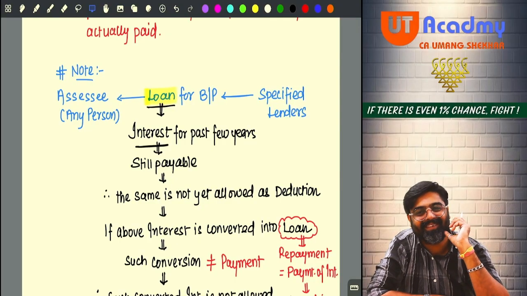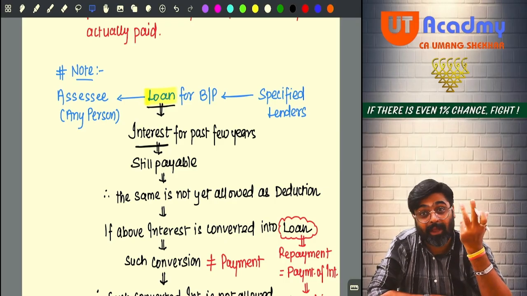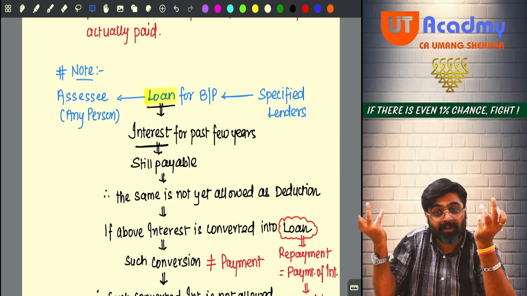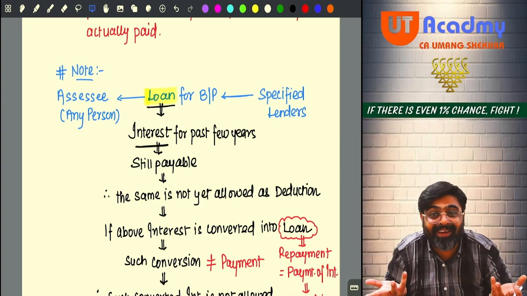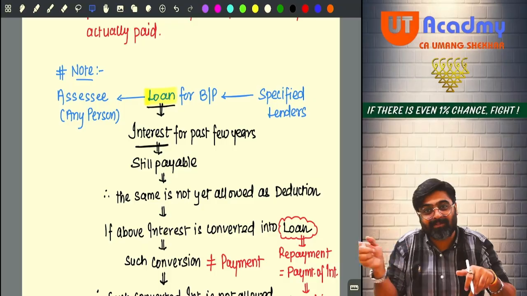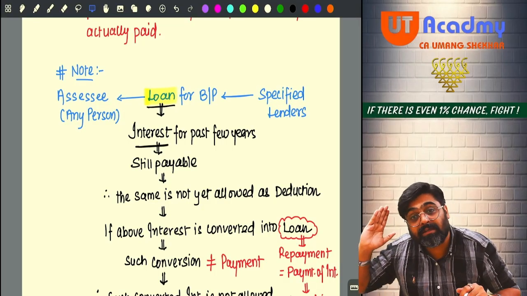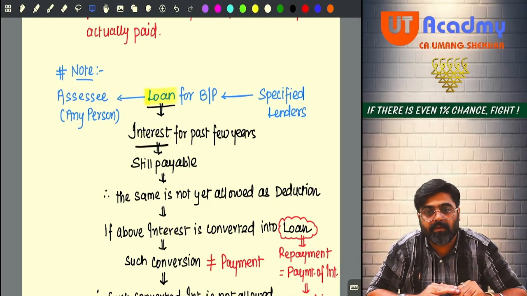Paid, no? Can I take the deduction now, saying that 4 lakh 50 no more exists as an interest, it is converted into loan, meaning it is paid? So I will take the deduction of that 4 lakh 50. I will be given a tight slap.